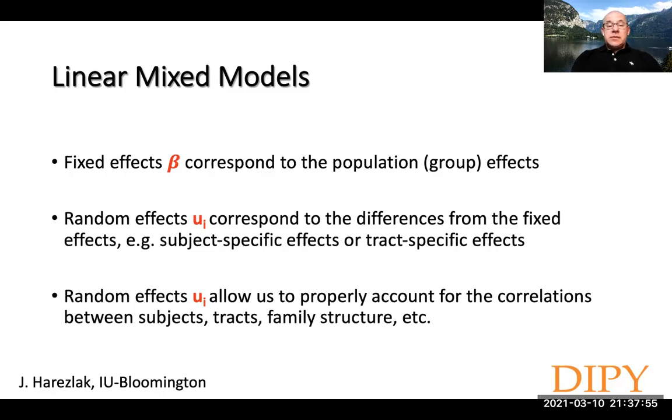Random effects or subject-specific effects, they will help us to incorporate all the correlations that we have in the data. So here, this could be either, as I said, subject-specific effects or tract-specific effects. And then those random effects will allow us to actually account for the correlations that arise from data coming from the same subjects, from the same tracts, let's say the same family structure.